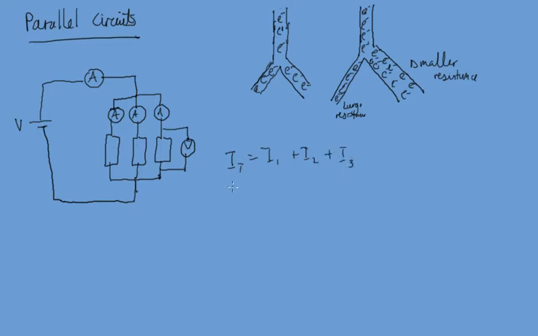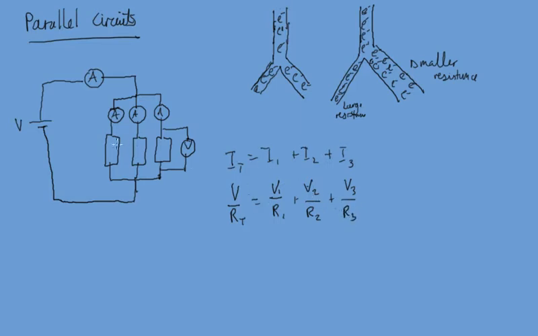Now we can apply Ohm's law, so current is V over RT, is V1 over R1 plus V2 over R2 plus V3 over R3.